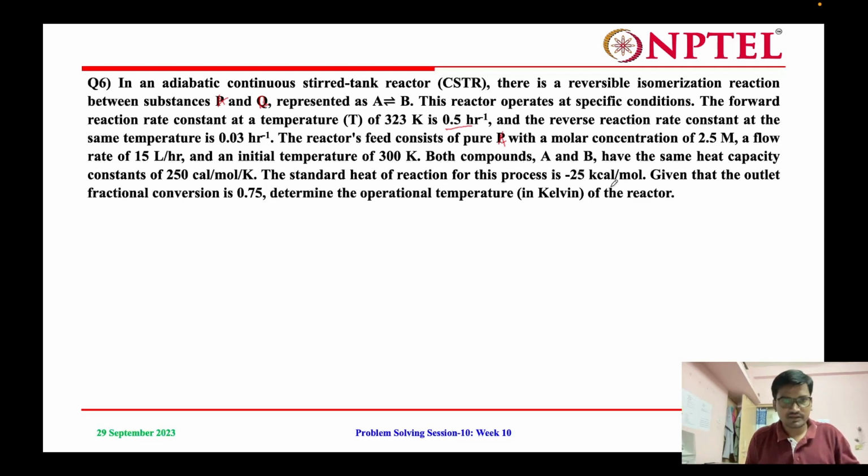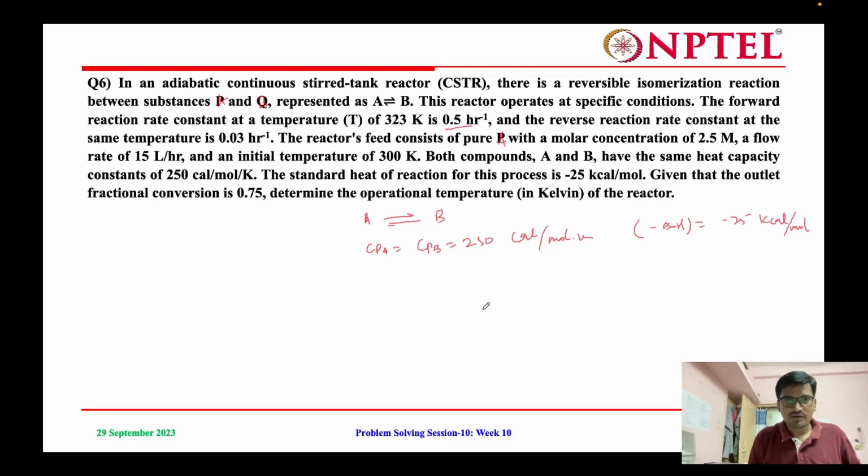So we have to calculate the outlet temperature. The data given: same heat capacity means Cpa equal to Cpb equal to 250 calorie per mole per Kelvin, delta H is minus 25 kilocalorie per mole, and Ca naught is 2.5 mole per meter cube.